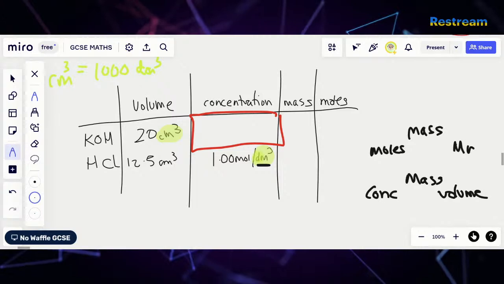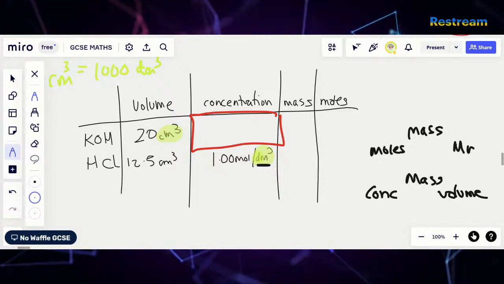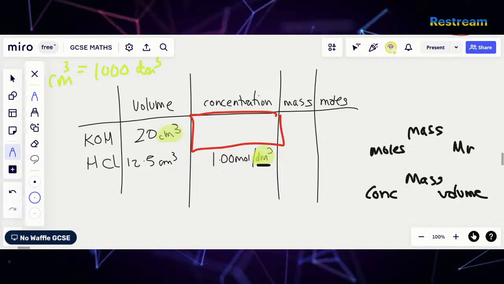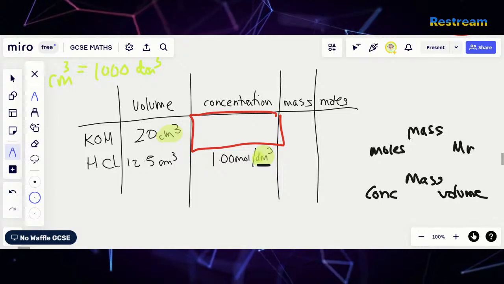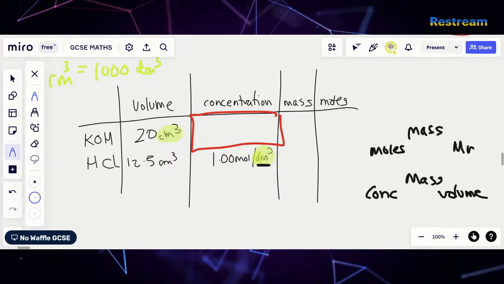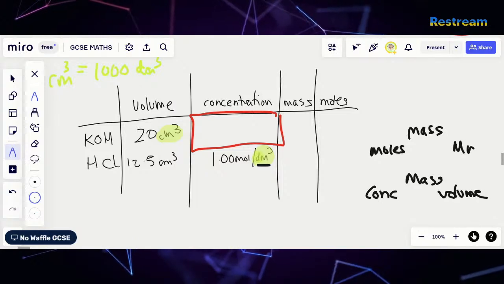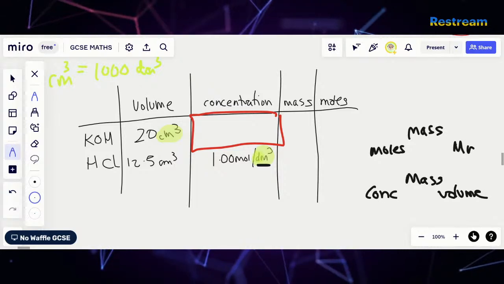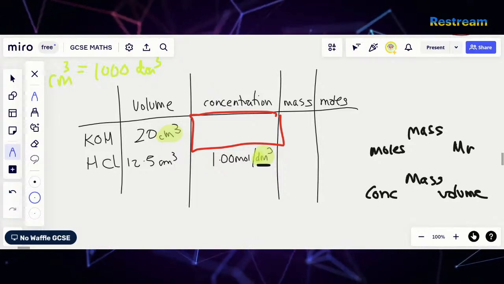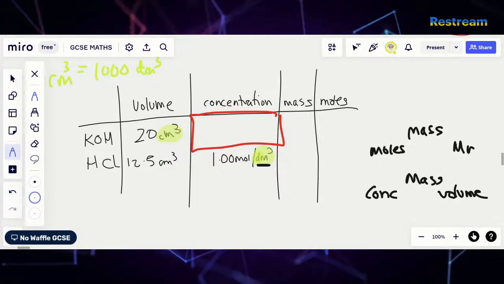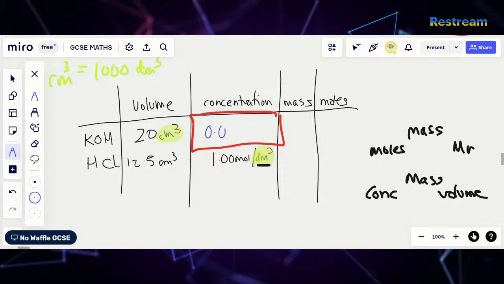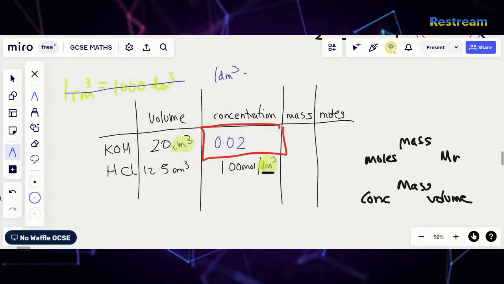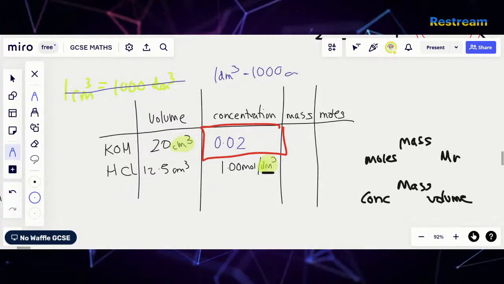So 20 centimeters cubed to decimeters cubed is 0.02 decimeters cubed. 1 decimeter cubed is equal to 1,000 centimeters cubed.